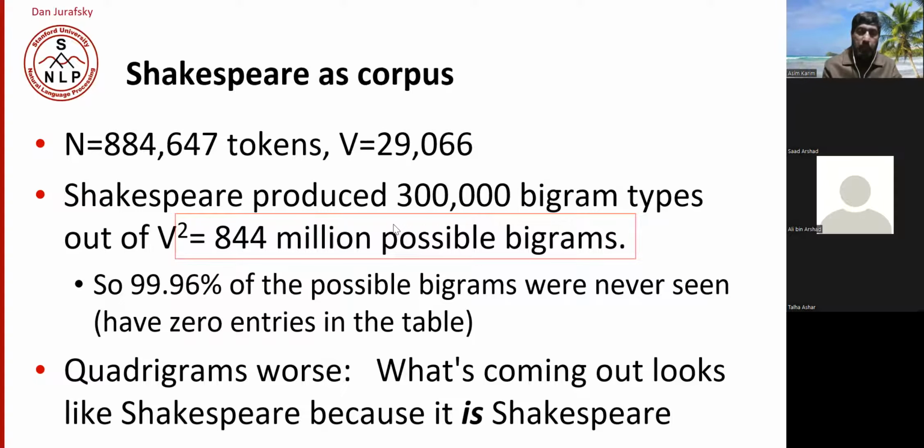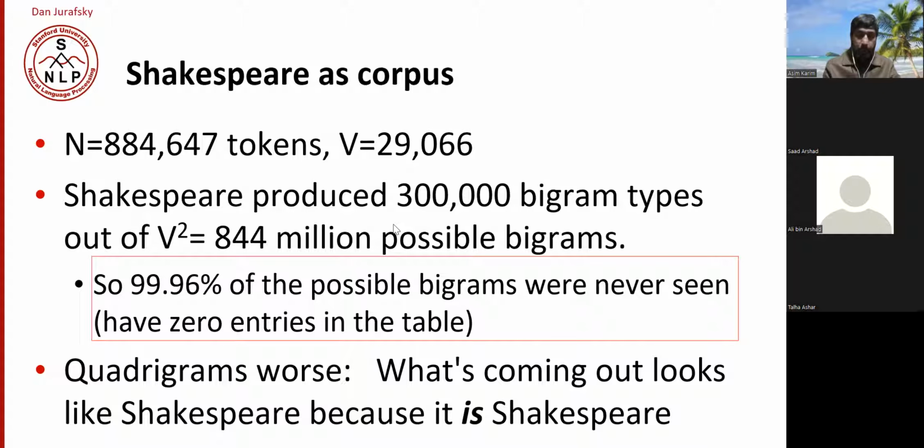So the possible number of bigrams, which is the power set of the vocabulary, is tremendously higher as compared to what he actually used. Which means that if you look at his corpus, the vast majority of bigrams would not exist, would have a count of 0. So 99.96% of the bigrams would have an entry of 0 in a bigram table of counts, right?